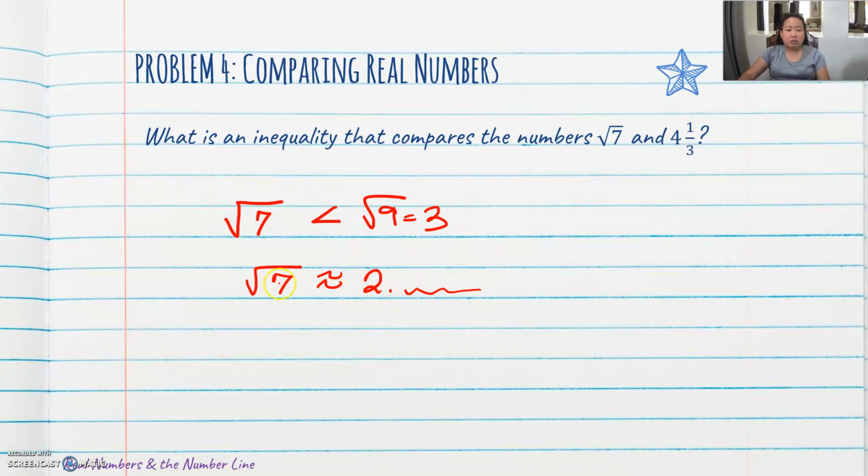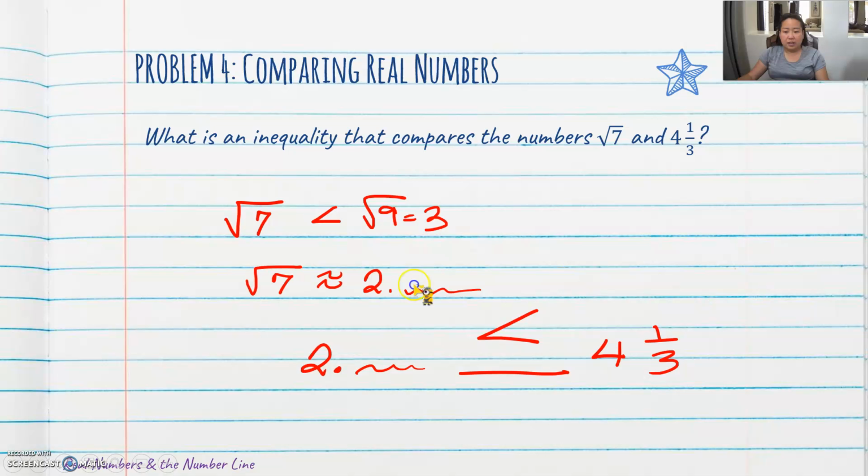So imagine comparing a value that is 2 point something with 4 and 1/3. Even if we do not change 4 and 1/3 into a decimal form, it is pretty obvious already that this is going to be a less than, all right? So that's one thing that you can do.